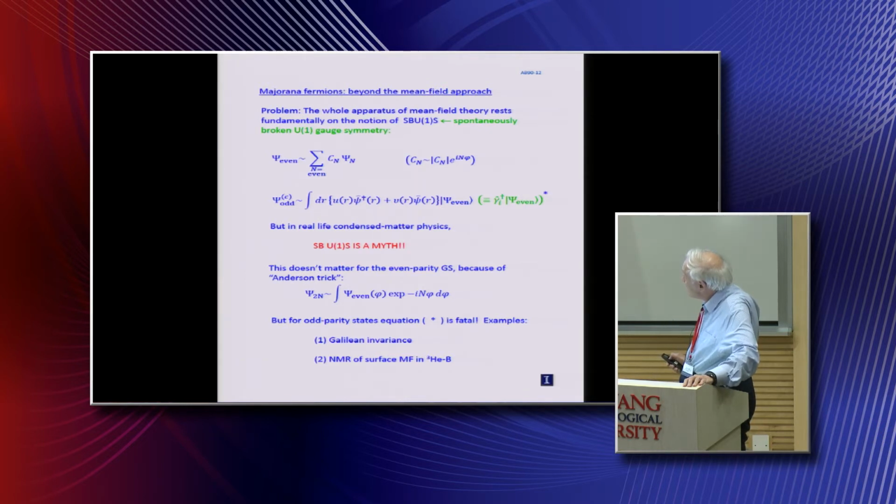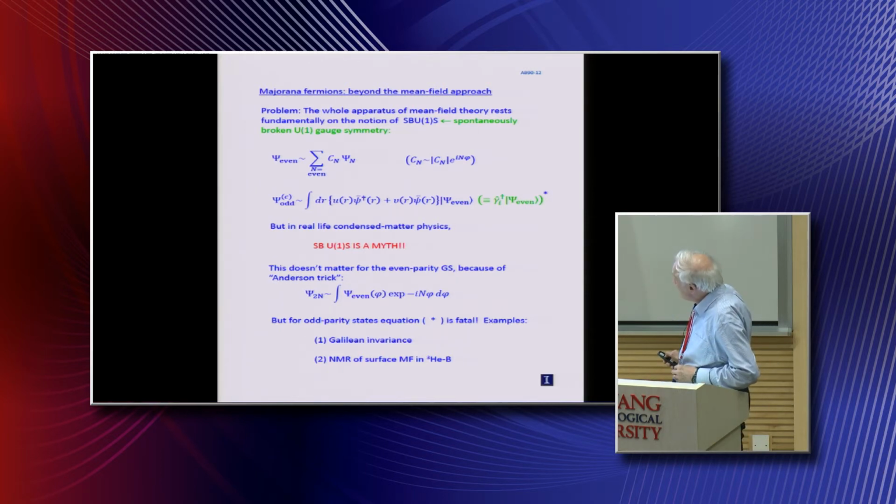Unfortunately, in condensed matter physics, despite what you may have been told in many books and review articles and by some distinguished speakers, spontaneously broken U(1) symmetry is a myth, period. It simply does not occur. And if anyone wants to ask me about that in question time, I'm very happy to discuss it.